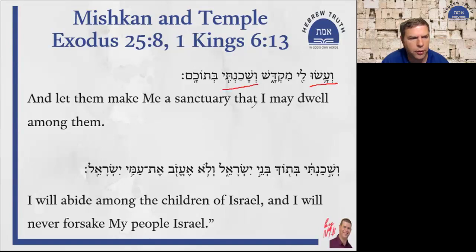Also, note that we have this sequence of Weqatal verbs, okay? Very common in the context of the establishment of the tabernacle and the sequence of actions that are reflected there. Weqatal, Weqatal, Weqatal.